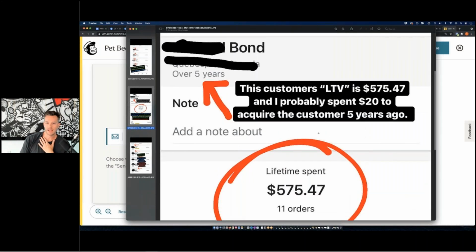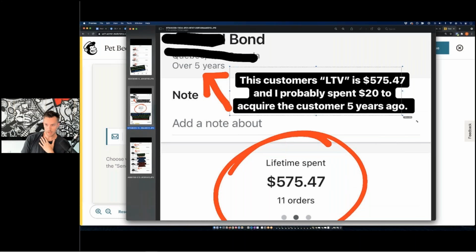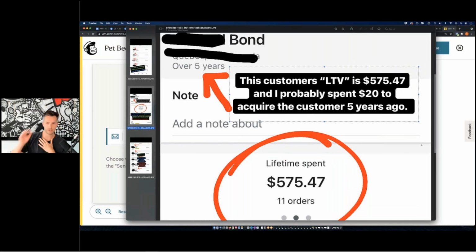Now, I ran an ad to them probably, if it's 5 years ago, probably for the LED dog collar, because that was like my hottest product, and still is to this day a product that's hot and gets sales, but it was really trucking then. And so we probably spent about $20 in ads, maybe actually 10 bucks in ads to acquire this customer.